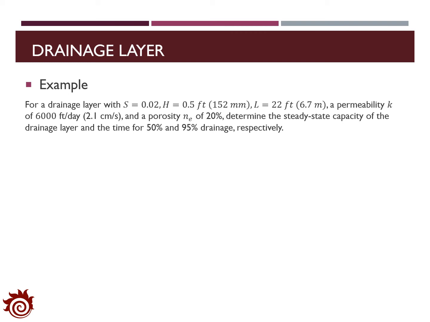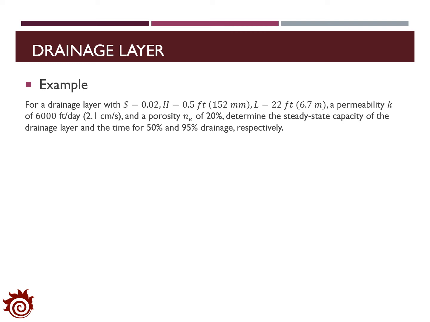Here we assume a drainage layer with slope S equal to 0.02, H equal to 0.5 feet, L is 22 feet, and the permeability K is 6,000 feet per day. And the porosity Ne is 20%. It wants to find out the steady state capacity and the time for 50% and 95% drainage.